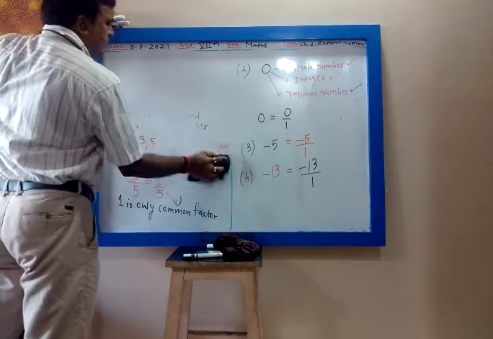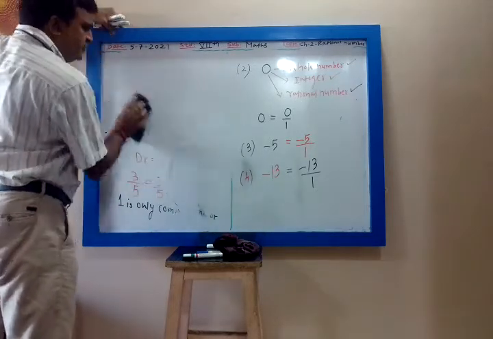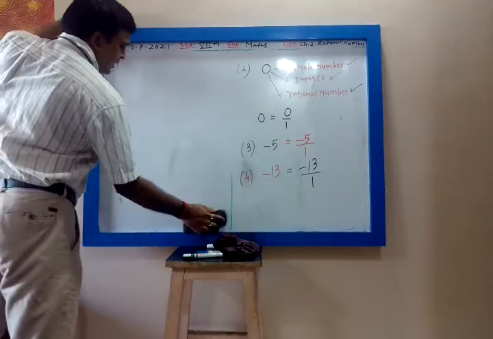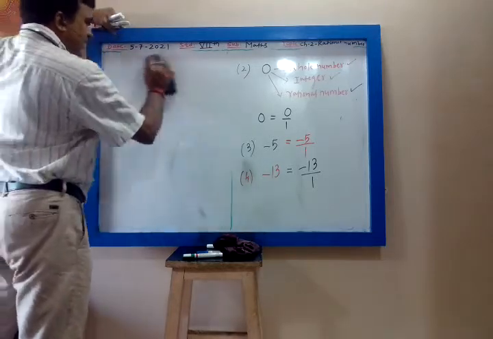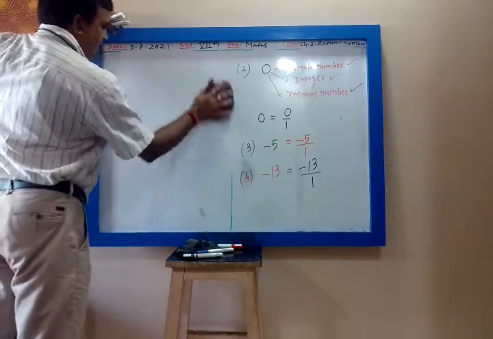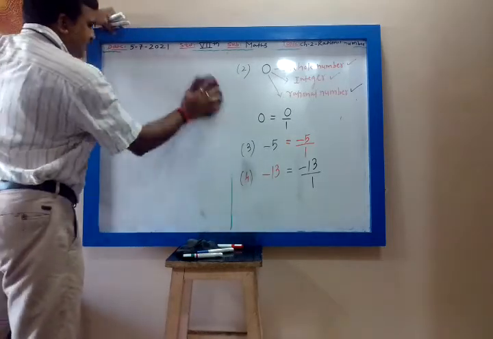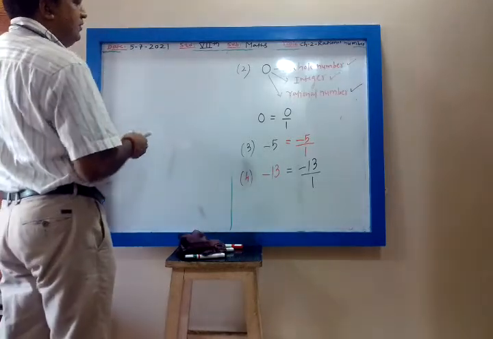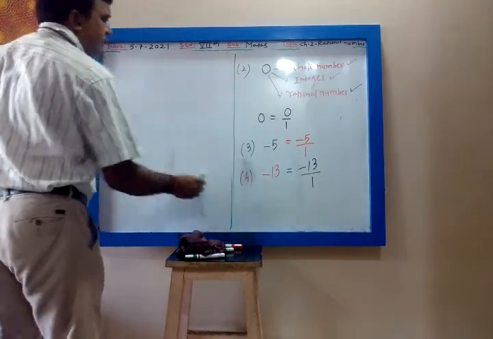Whole number, there is no denominator. Integer, there is no denominator. But in a rational number we have both numerator and denominator.